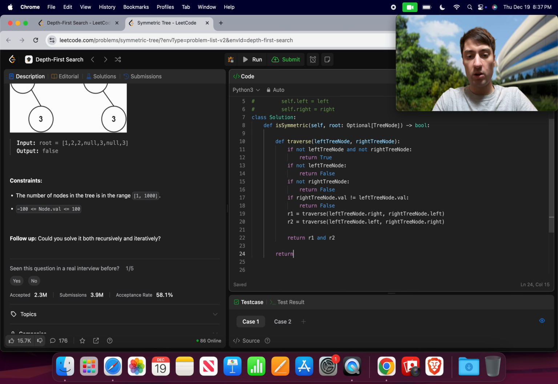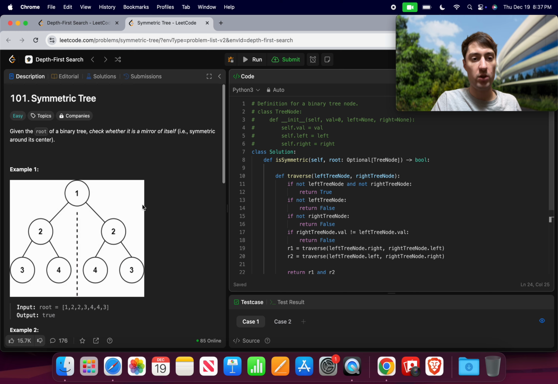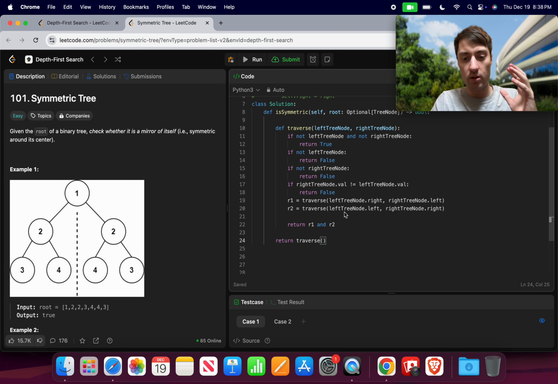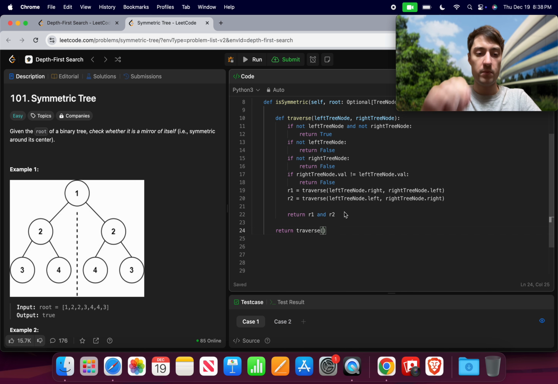So I just need to return traverse, and then I need to pass into this traverse function this child and this child. So root dot left and root dot right. Okay, I think this will work.